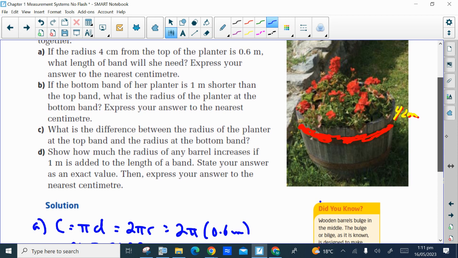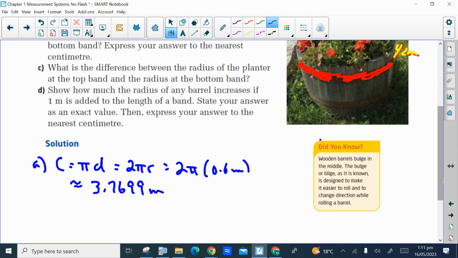So we have to go from meters to centimeters, which means you're going to multiply by 10 twice. Because if you look on the metric staircase, it's 2 steps down from meters to centimeters. So you're going to multiply by 100, again, move the decimal 2 spots to the right. And when we round it to the nearest centimeter, it'll be 377 centimeters. There's the answer to that.